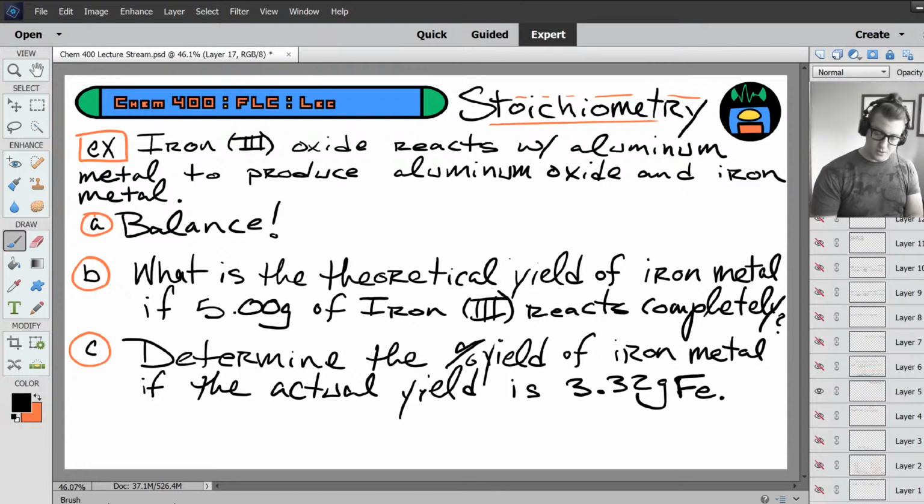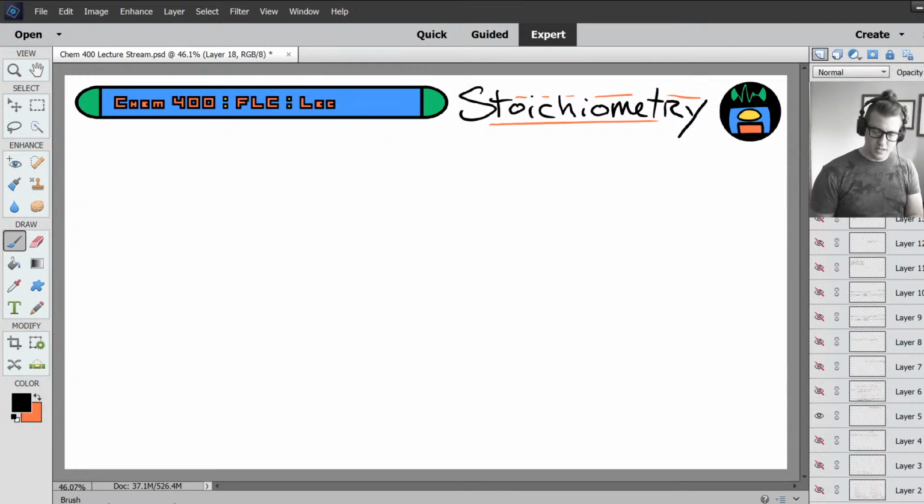All right, now let's go ahead and tackle the first part of this problem, which is balancing our chemical equation. We're told that we're dealing here with iron 3 oxide. Well, we know that the iron cation in this compound has a charge of +3 because we're told oxygen is the atom, as an anion, it's oxide. We can figure out its charge from the periodic table, it's a -2.